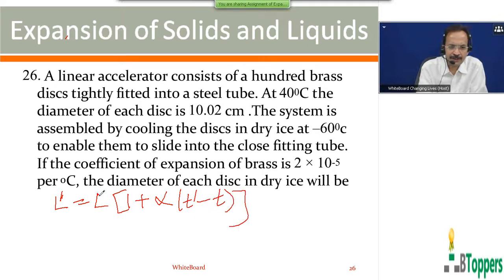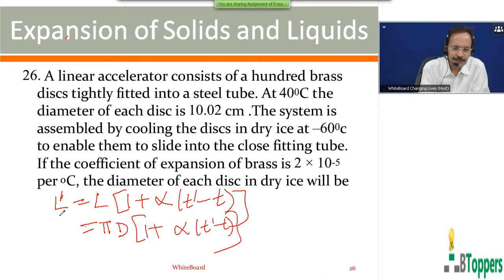Here L is the length or perimeter of the disc at the temperature T, and L dash is the length or perimeter at the higher temperature. Because the length can be written as pi times the diameter, the final length L dash is equal to pi times the final diameter D dash. So pi gets cancelled.